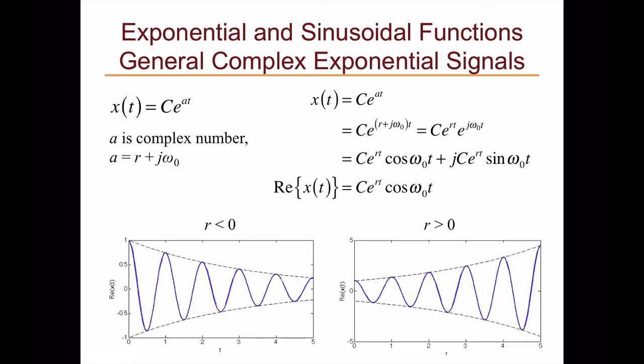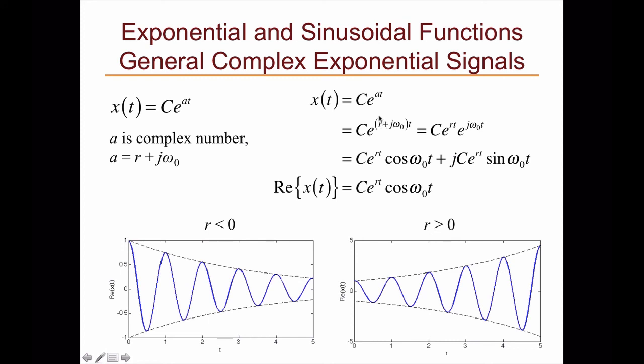In the last case, if a is a complex number, that is, it is not a purely real number or a purely imaginary number, if a equals r plus j omega 0, and we plug this term into this equation again, we will have c e to the (r plus j omega 0) t.